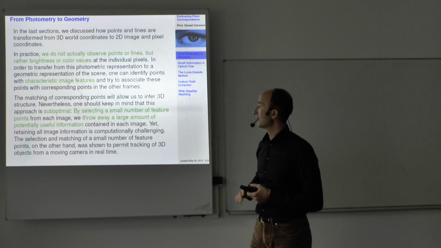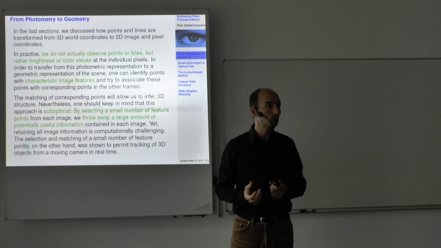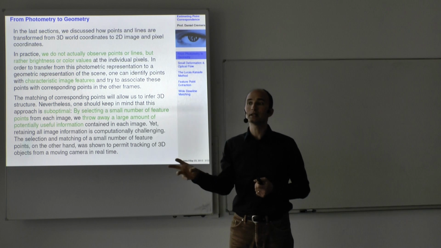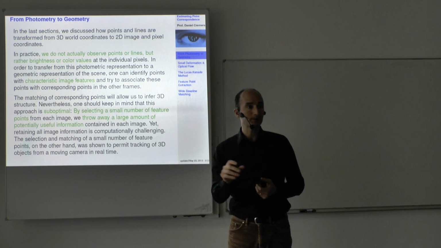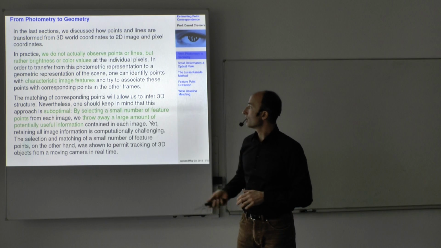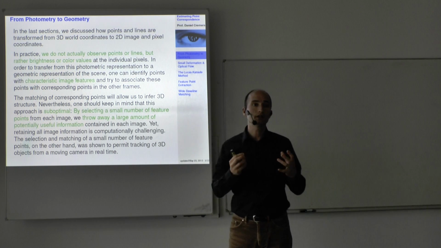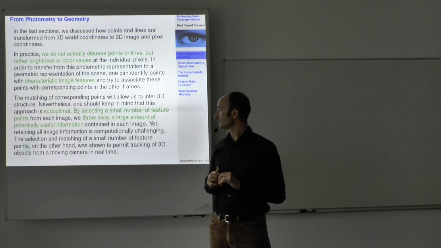And the classical pipeline, the one that has been shown to actually work in real time, where you can track a camera and reconstruct geometry while the camera is moving, was shown to work in real time on these more traditional feature point based techniques.